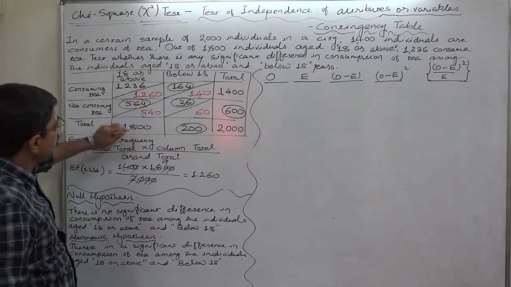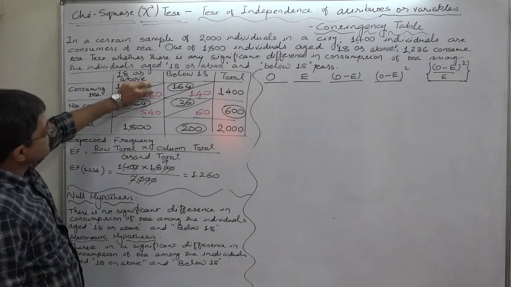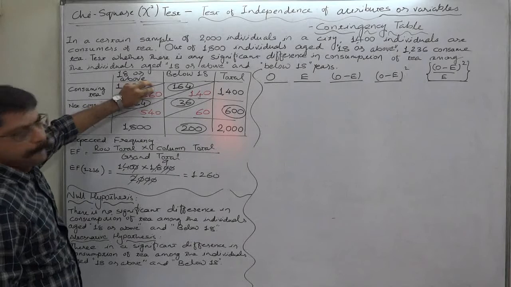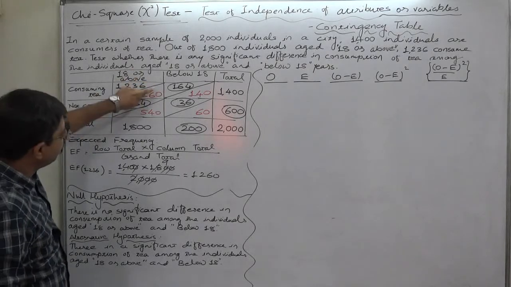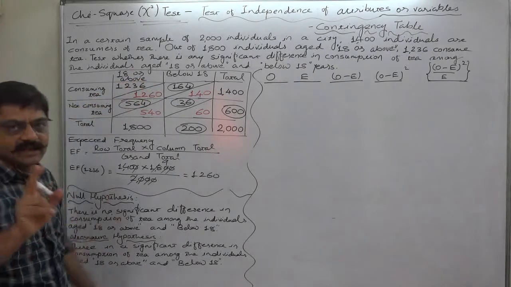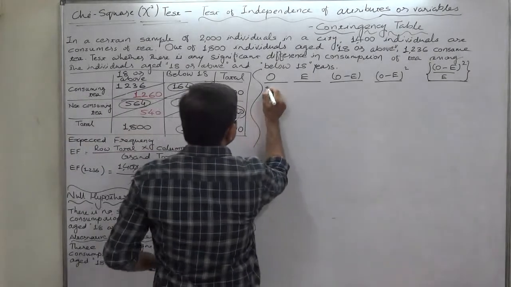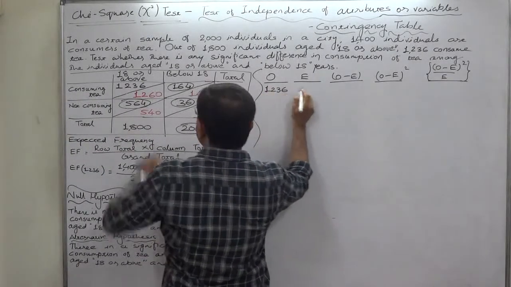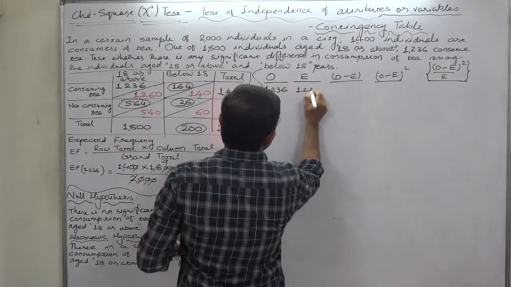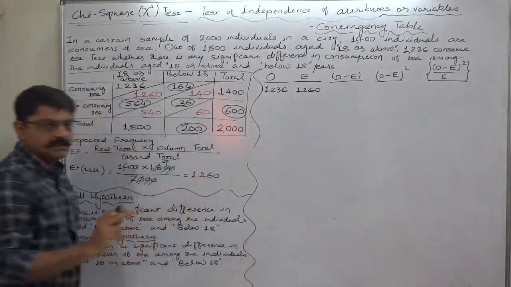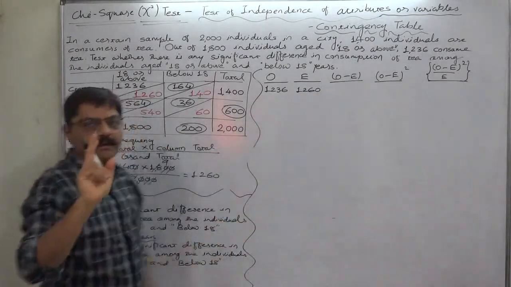The important thing is, don't forget to maintain the pair of observed and expected frequency of the cell. If you write 1236 here, you need to write 1260 with it. This pair must be maintained. Don't forget it.